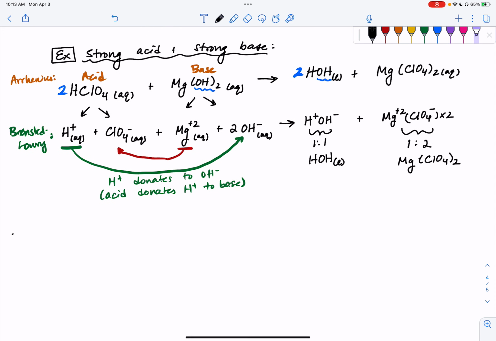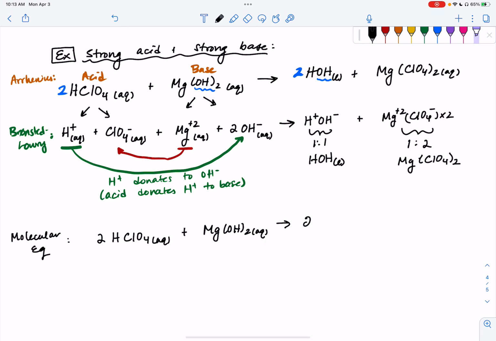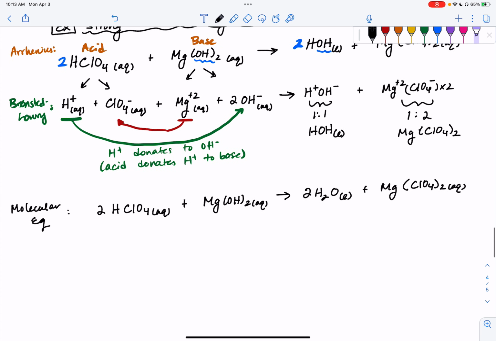So if I were to write the molecular equation, I would have 2 perchloric acids reacting with magnesium hydroxide to form 2 liquid waters and magnesium perchlorate, which is soluble.